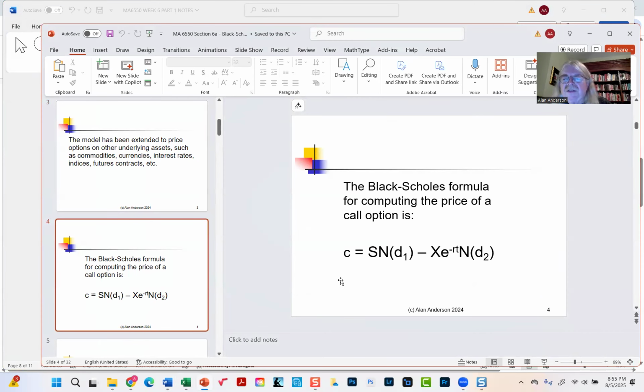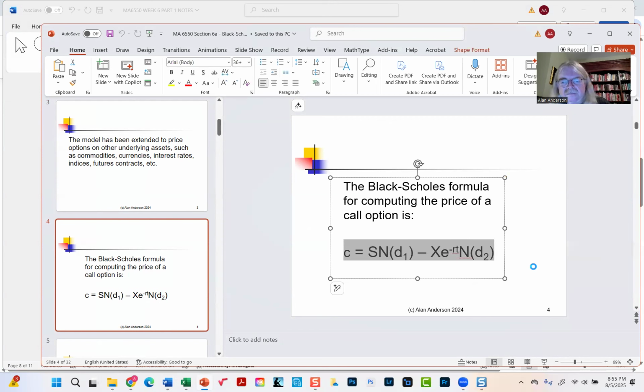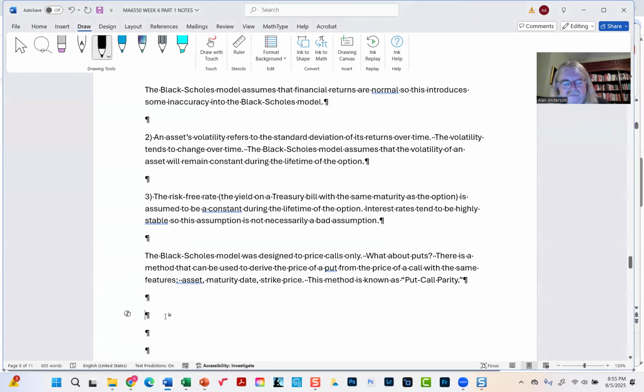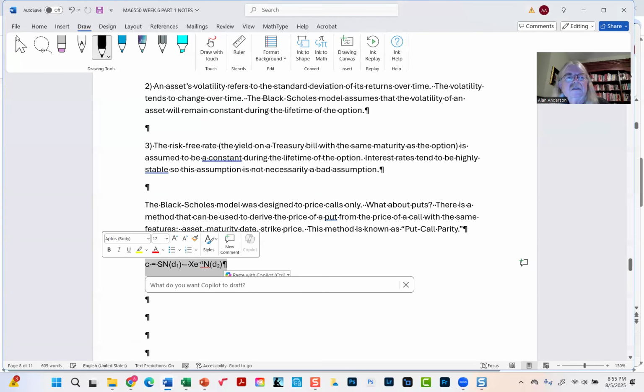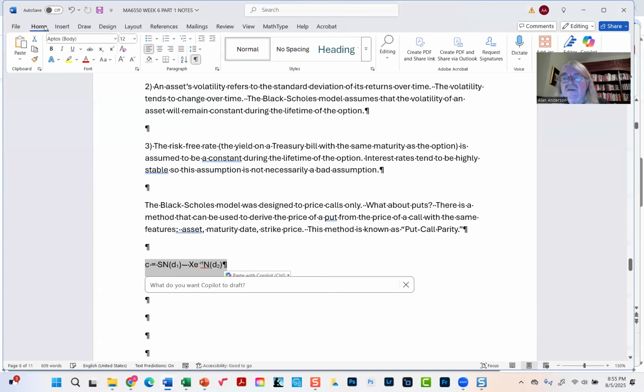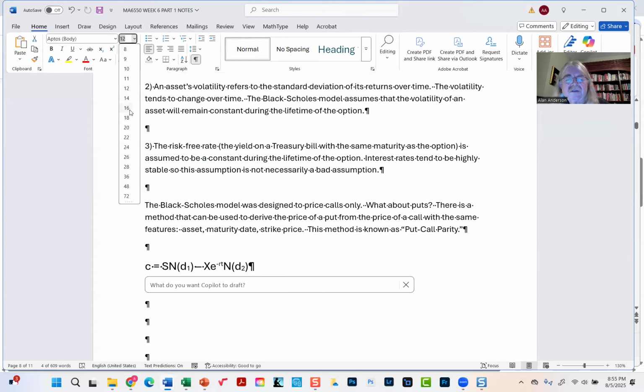Now, this is the basic formula. So let's take a look at it. And it doesn't look too complicated, but if you could see their paper, this equation ultimately comes from a result in physics. So they had to be very familiar, Merton at least was very familiar with the mathematics of physics.